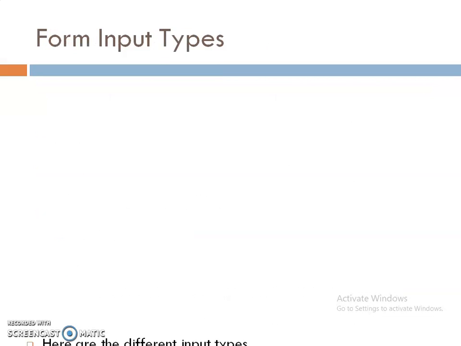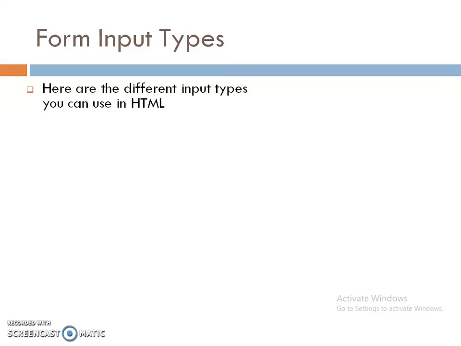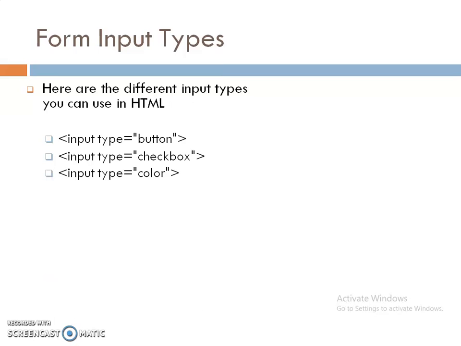Now form input types. Here are the different input types you can use in HTML. Input type is equal to button is used to create a simple button. Input type is equal to checkbox for creating a checkbox. Input type is equal to color for accepting a color value.